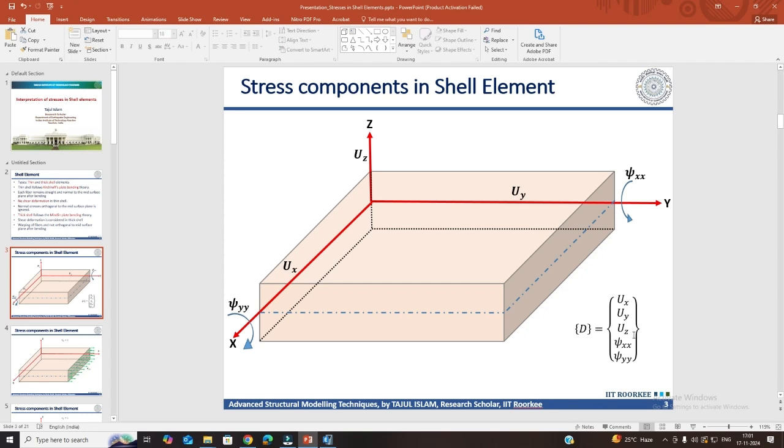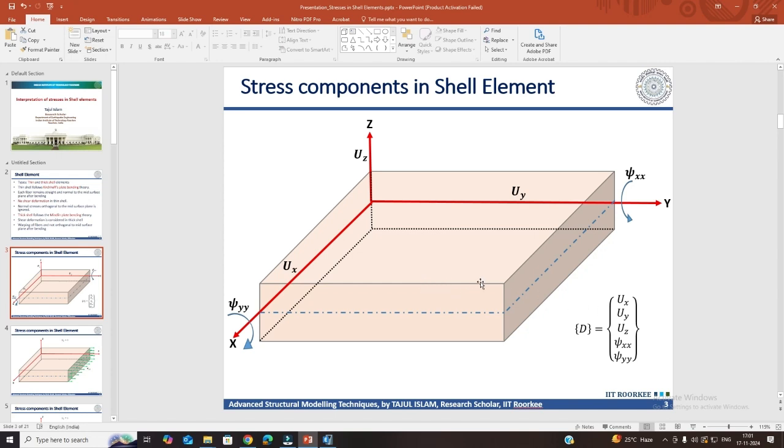So if suppose this is the solid element, you'll have only 3 degrees of freedom at each node, which are translation in x, translation in y, and translation in z. Now suppose you want to determine the stress. How to determine the stress?